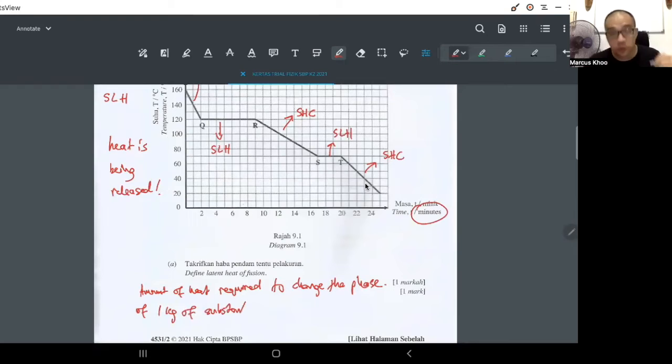But this is fusion, so it involves change from solid to liquid.